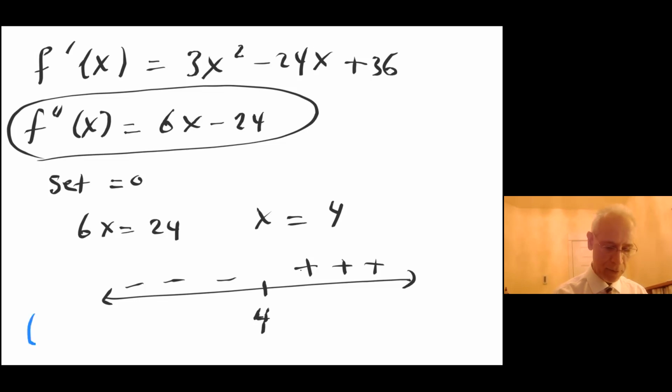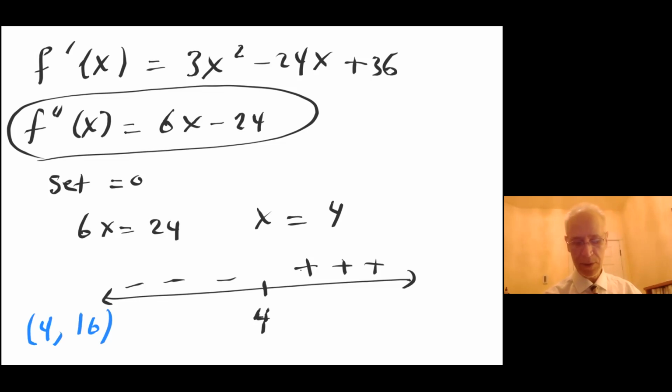When x is 4, and if you plug 4 into our main equation, we get 16. So at 4 comma 16, I do have an inflection point.